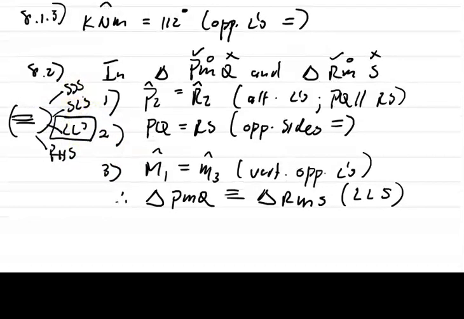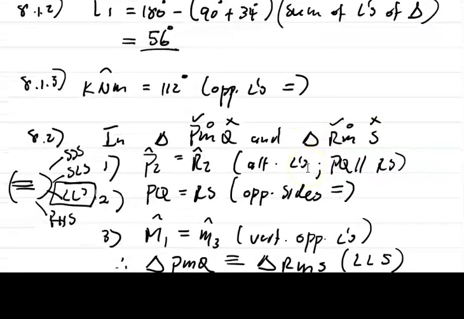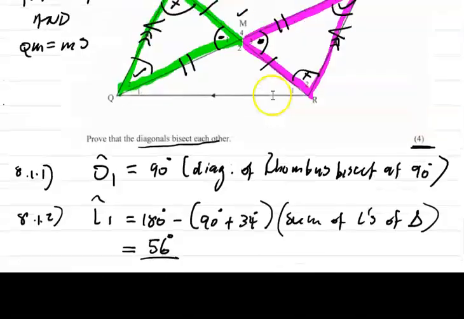So what can we now conclude? We can now conclude that the diagonals bisect each other. So what we're going to say? We're going to say, therefore, PM equals RM. See, PM and RM are equal. And what else can you write down?